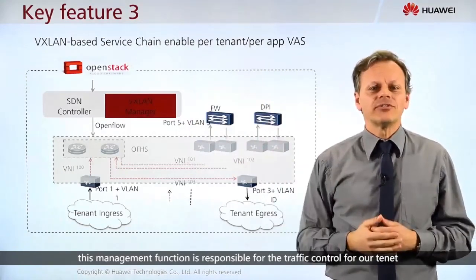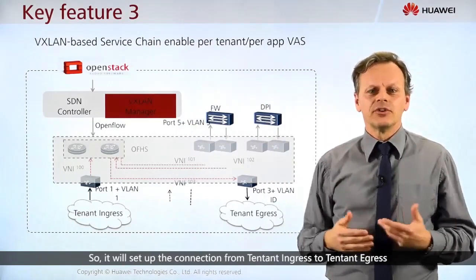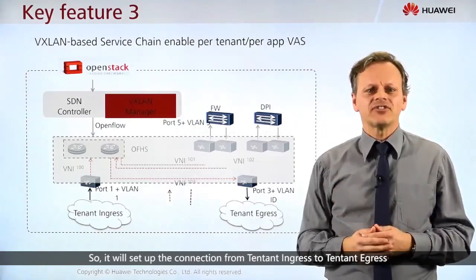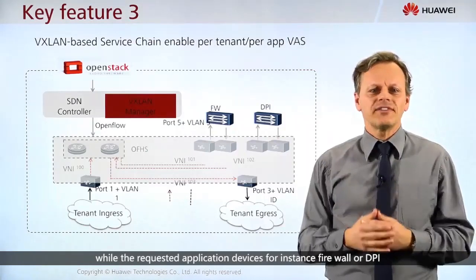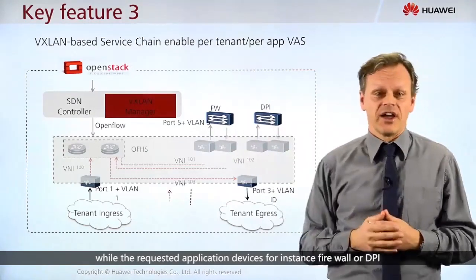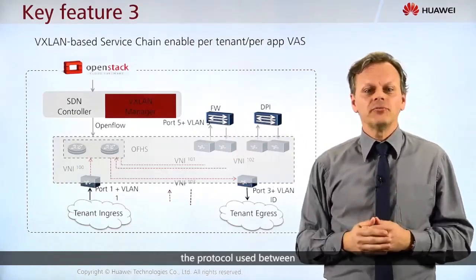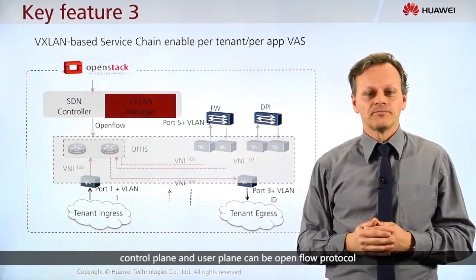This management function is responsible for the traffic control for our tenant. So it will set up the connection from tenant ingress to tenant egress via the requested application devices, for instance, firewall or DPI. The protocol used between control plane and user plane can be OpenFlow protocol.